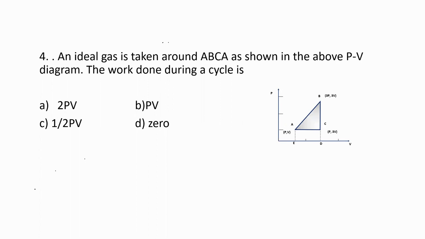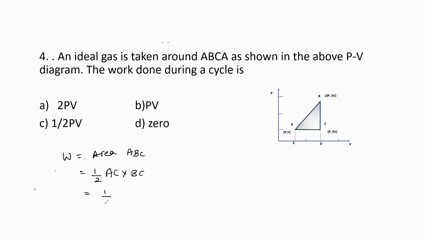The work done during a cycle is, so we need to calculate the work done during the process. If you see the figure, in the previous figure it was a rectangle, now we have a triangle. We can apply the area of triangle formula. That is, work done is equal to area of triangle ABC, which is equal to 1 by 2 AC into BC.